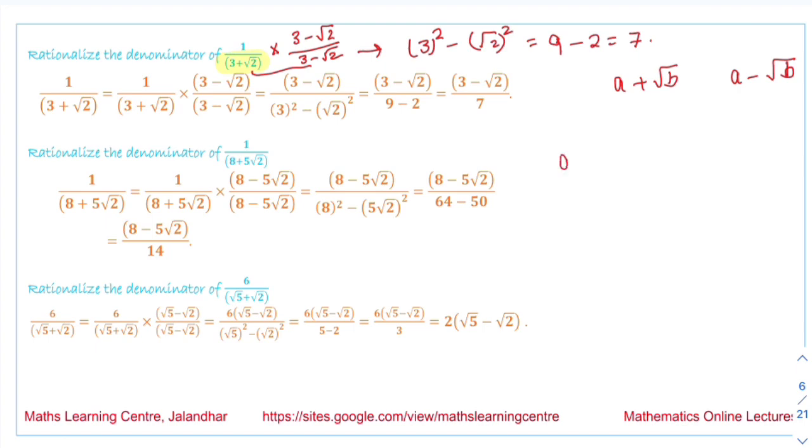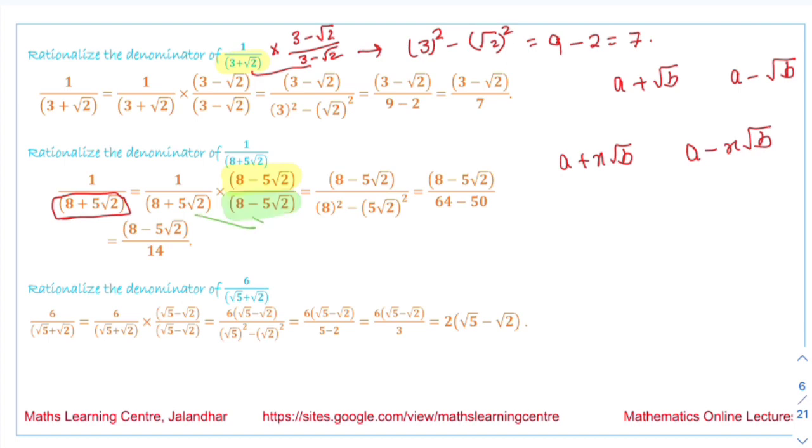Next is the number a plus x square root of b, and the rationalizing factor will be a minus x square root of b. We are talking about just the denominator over here. This is the number 8 plus 5 square root 2. So we multiply it with 8 minus 5 square root 2 and divide it with 8 minus 5 square root 2.